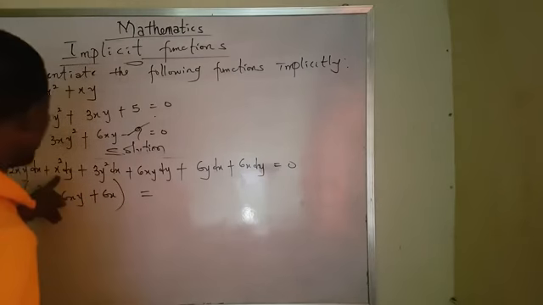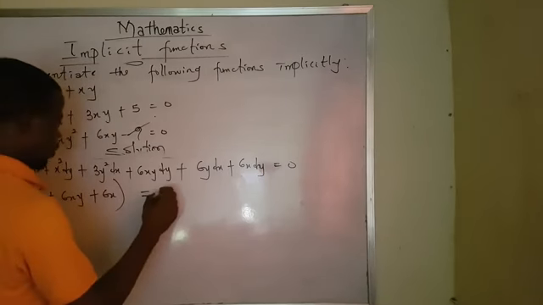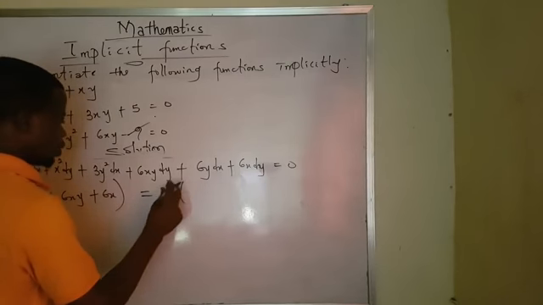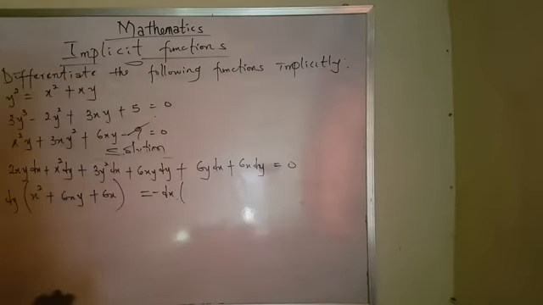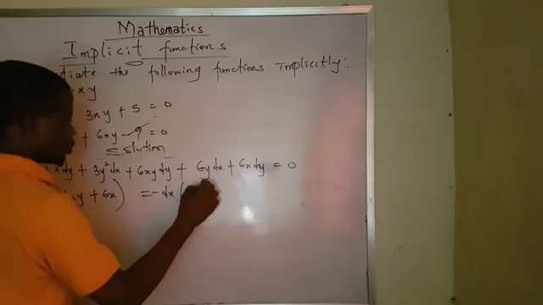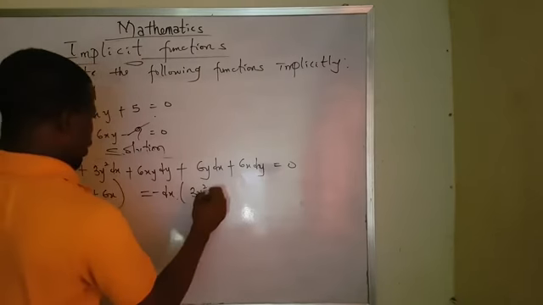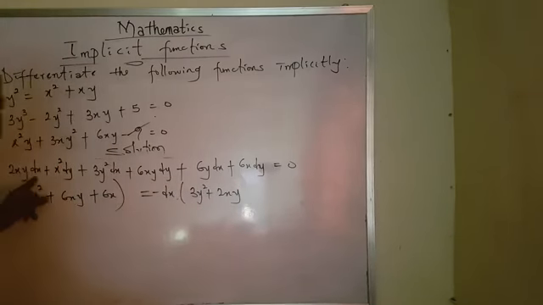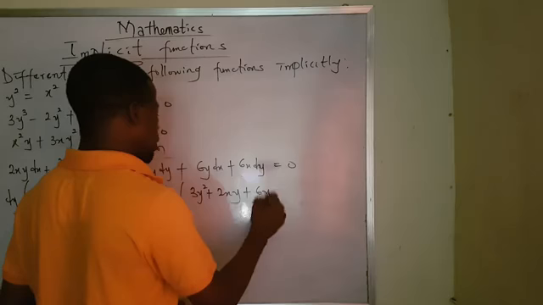So you have the x group comes here. So you have the x, open bracket. I can have a minus outside. I have minus 3y squared, because everything coming here will be negative. You get? So you have 3y squared plus 2xy dx plus 6y.